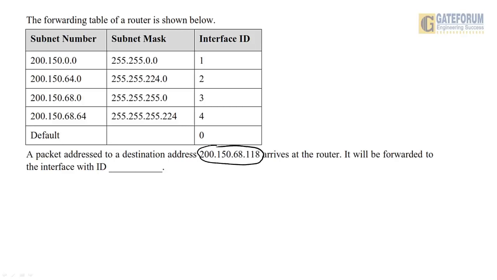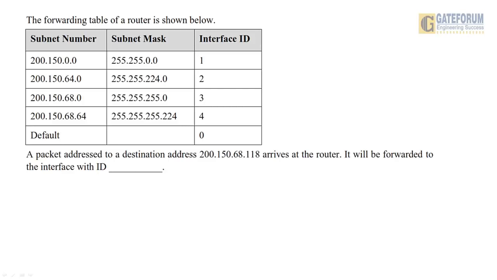It will be forwarded to which interface ID? There are interfaces 1, 2, 3, 4 and 0. Okay. So if it is matched, then we need to transmit with this, otherwise we need to go to the default. Suppose there is more than one match; in that condition it chooses the longest prefix match.